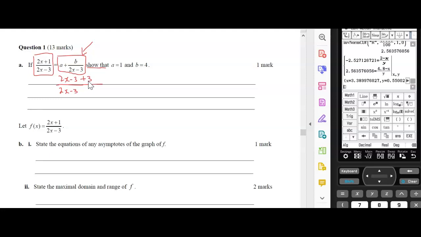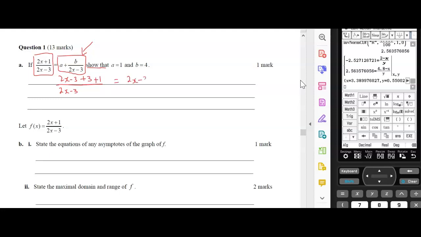Effectively I haven't added or subtracted anything. And don't forget that plus 1 on the end. The reason for doing that is that, as a whole fraction, make sure your vinculum goes all the way, the first part, 2x minus 3 over 2x minus 3, will give you the 1.